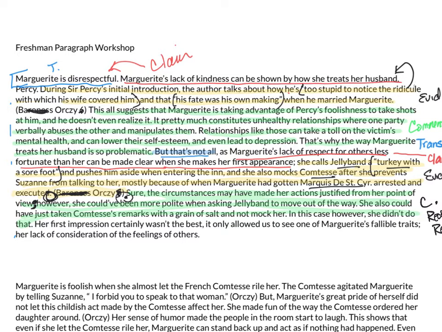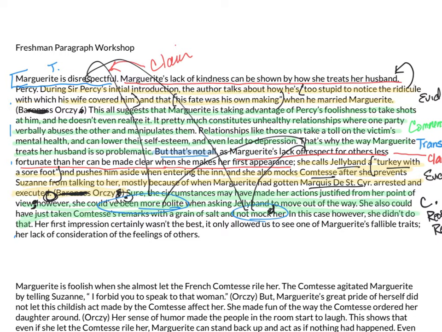Do you have a return to the claim or even a return back to the topic sentence in the very beginning? Well, I see that she could have been more polite. She could have not mocked her. These things do seem to be disrespectful. They do seem to be showing a lack of respect. So that does work. Could it be a little stronger?